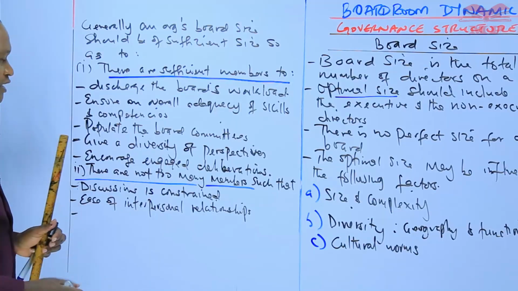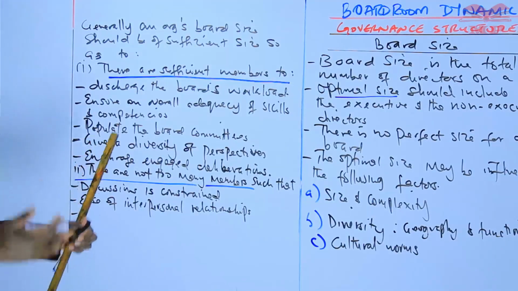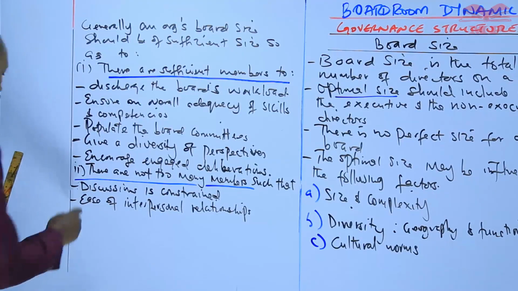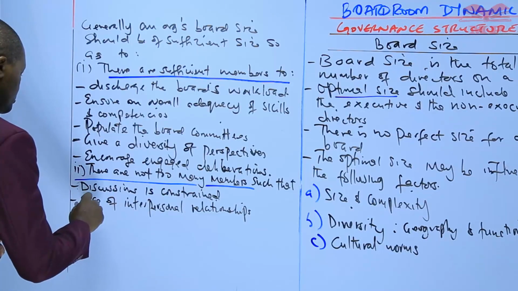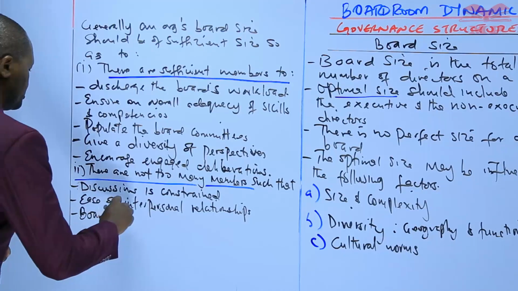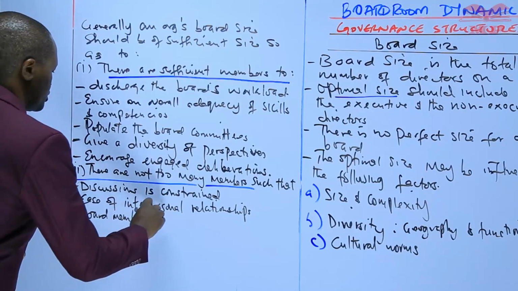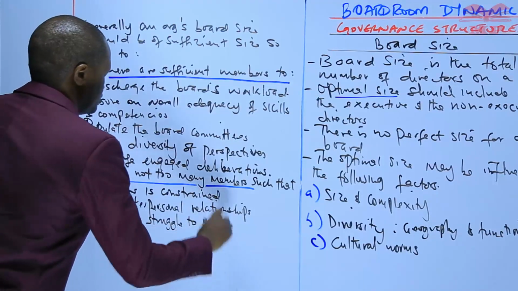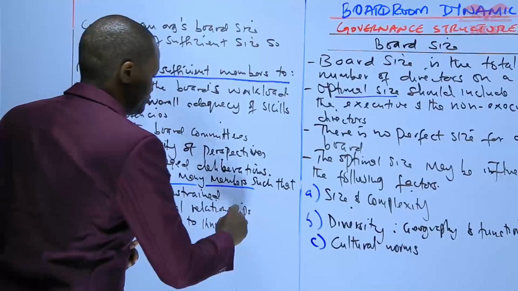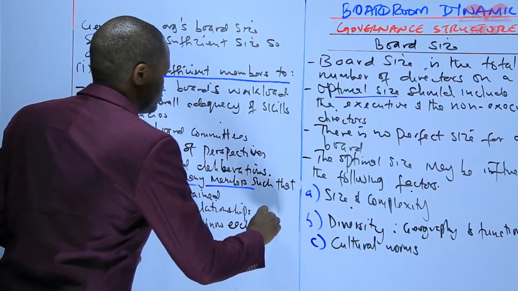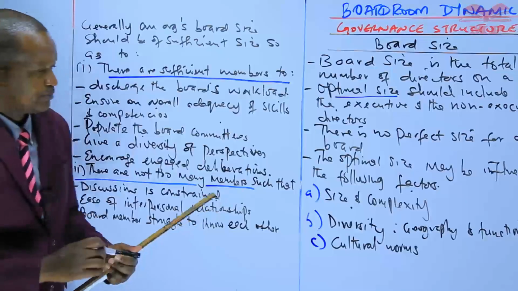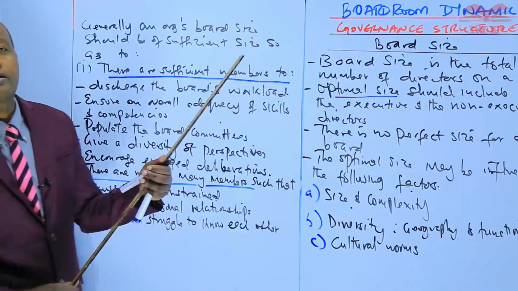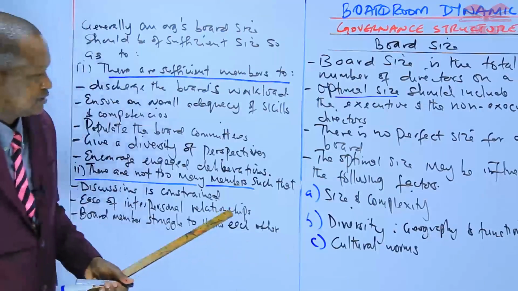Another reason is that members may not be able to know each other. Board members struggle to know each other. Some of you maybe attended a national school of, say, 1,000 students.